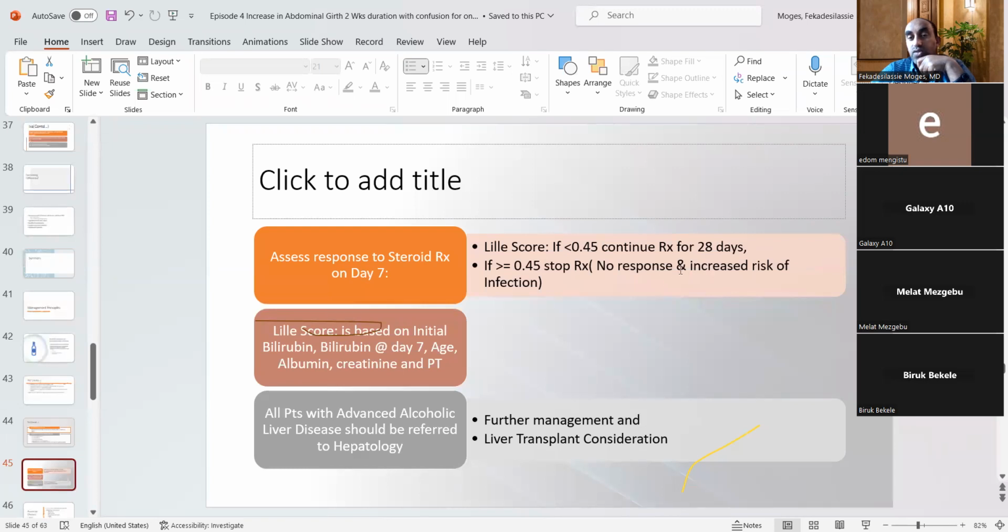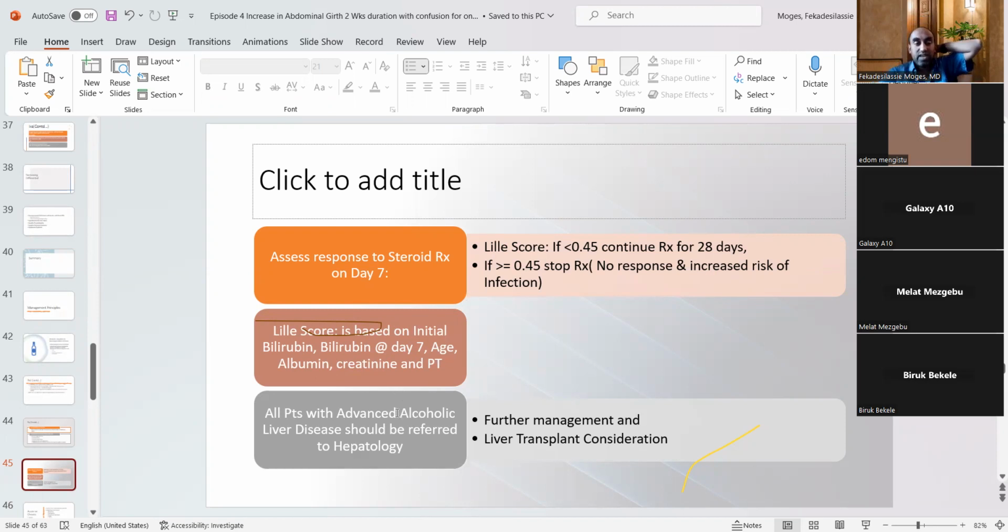And they are not responding, plus steroid by itself with hepatic failure makes them prone to infection, so stop it right away. Okay. Lille score is based on initial bilirubin level, bilirubin at day 7, and the age of the patient, the albumin level, and creatinine and PT level. So these parameters are taken into consideration to calculate Lille score.